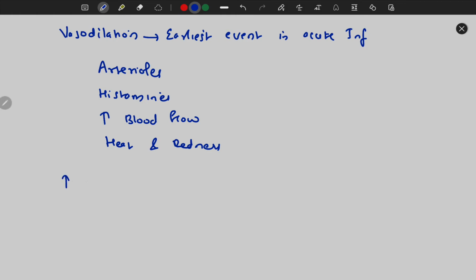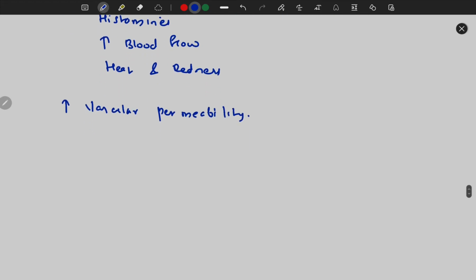So the next event is increased vascular permeability. This is the most critical step or vascular event in acute inflammation.